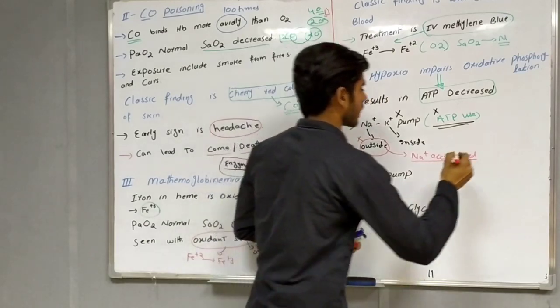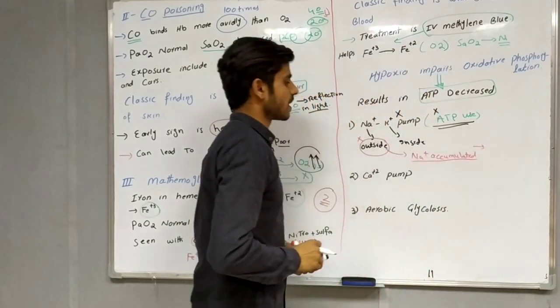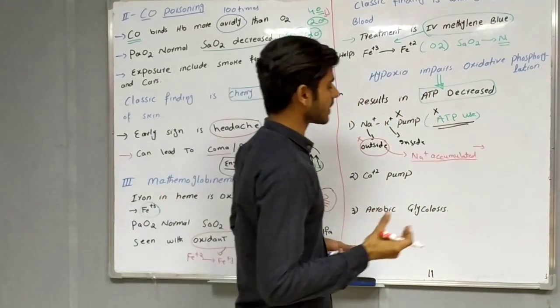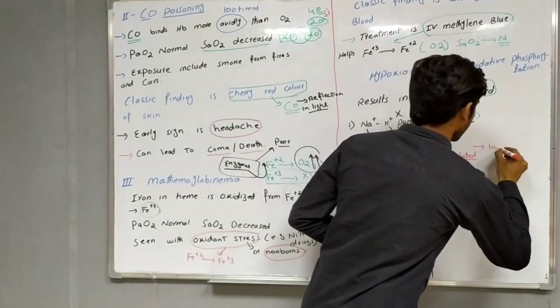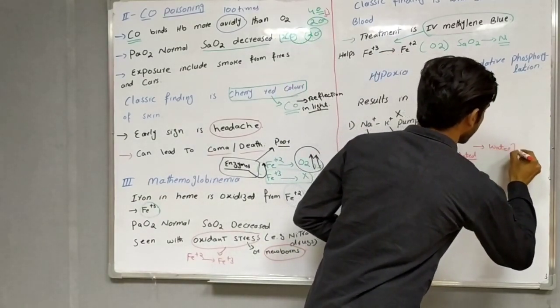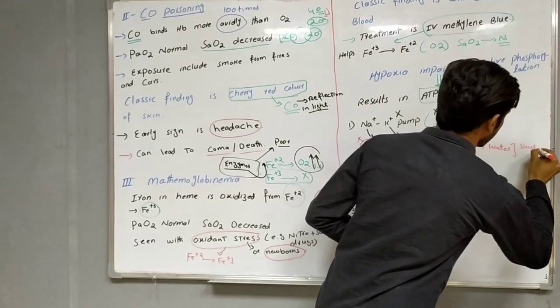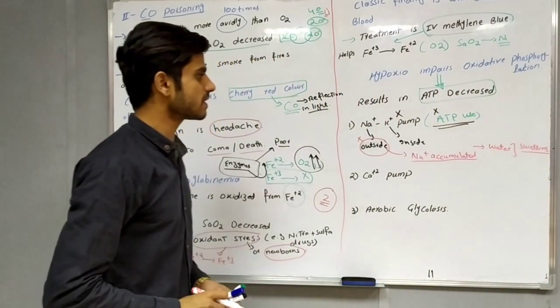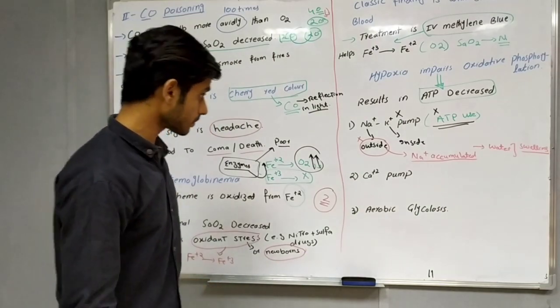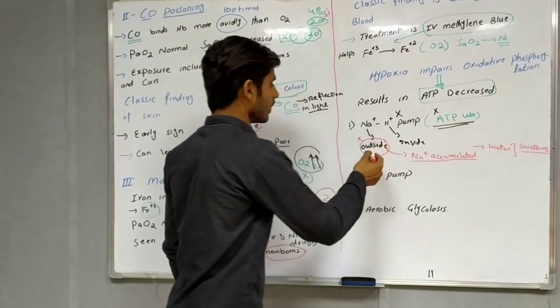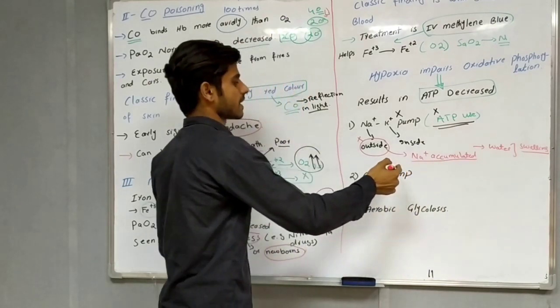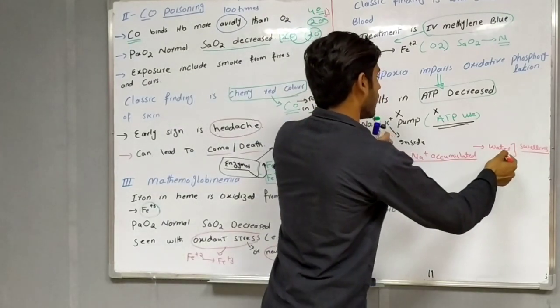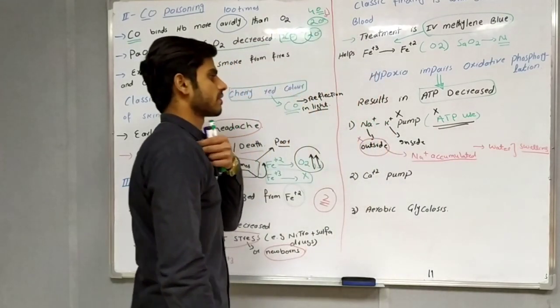You know that sodium is an effective solute, so it will pull the water. Water will also come into the cell and it will cause swelling, and you know that swelling is the first sign of cellular injury.